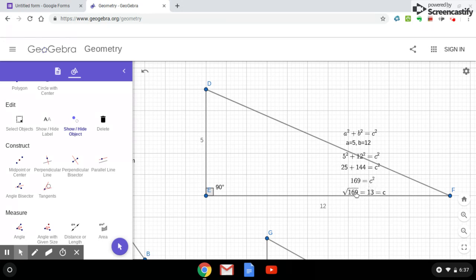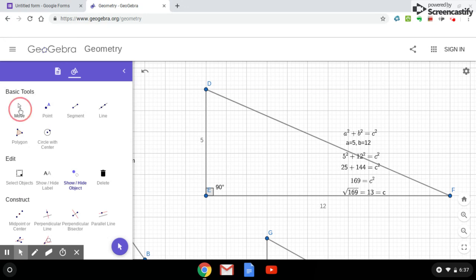And then we would end up with the square root of 169 equals 13, which equals our C. So this is how you would do that. If you're missing your C value, it's a simple matter of plugging the values that you have into the equation and then solving it through. The trickiest part is remembering to square root for the C.